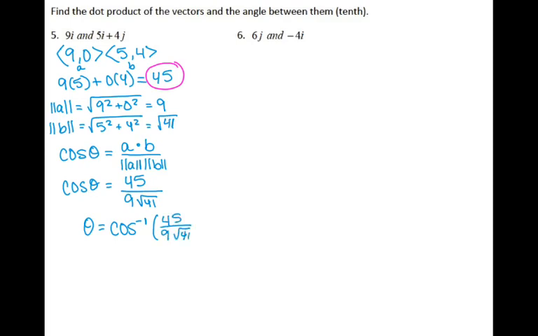And I'm going to type this all into my calculator at once. So inverse cosine of 45 divided by 9 square root of 41. Now I would highly recommend using that fraction bar on the calculator like we've talked about in class, and that's going to be alpha y equals. That way your calculator doesn't give you the wrong answer. And this says to the nearest tenth, so that is 38.7 degrees.